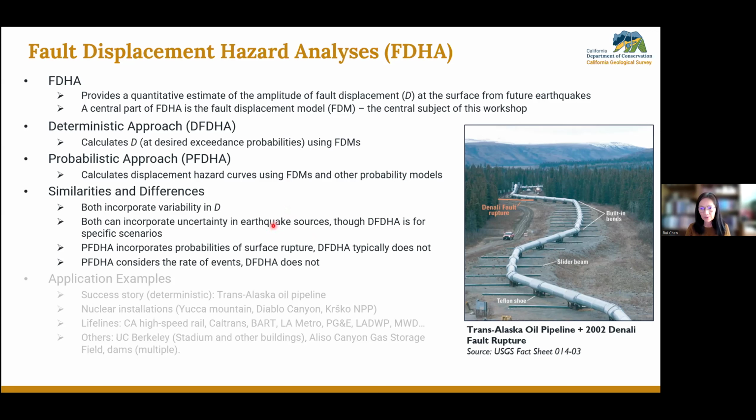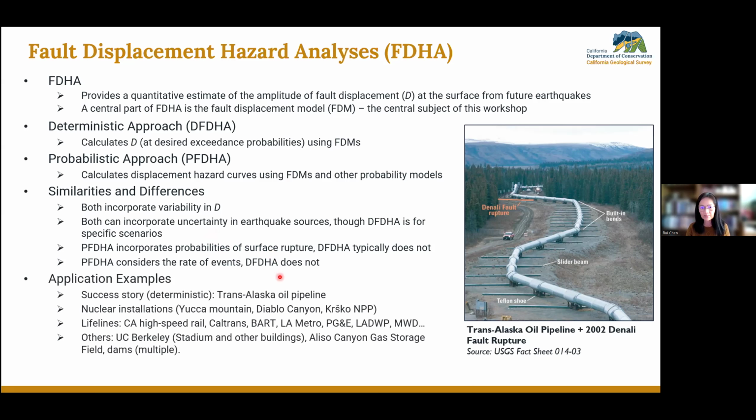They both incorporate variability in displacement. They both can incorporate uncertainty in earthquake sources, although DFDHA is for specific scenarios. PFDHA incorporates probabilities of surface rupture. DFDHA typically does not. PFDHA considers the rate of events. DFDHA does not.